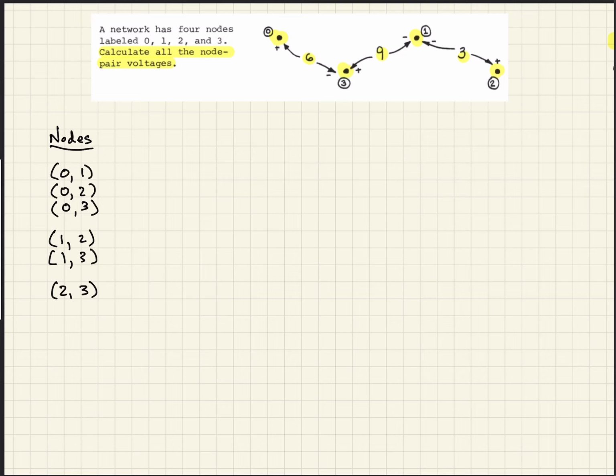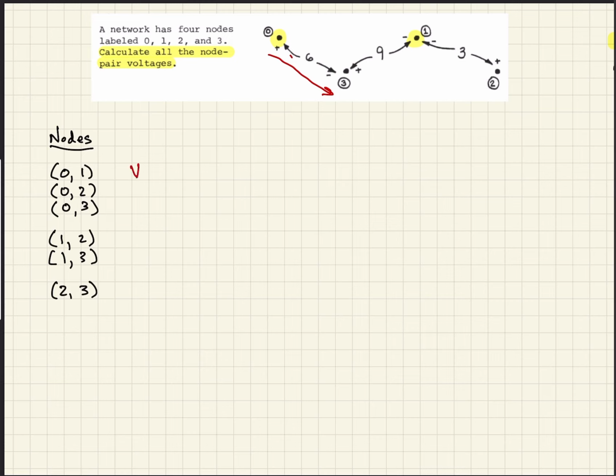Okay, so for the first one, we're going between node 0 here and node 1. So when we do that, we need to look at the voltage between them. So we start at 0 and we go here, and that's a plus 6.